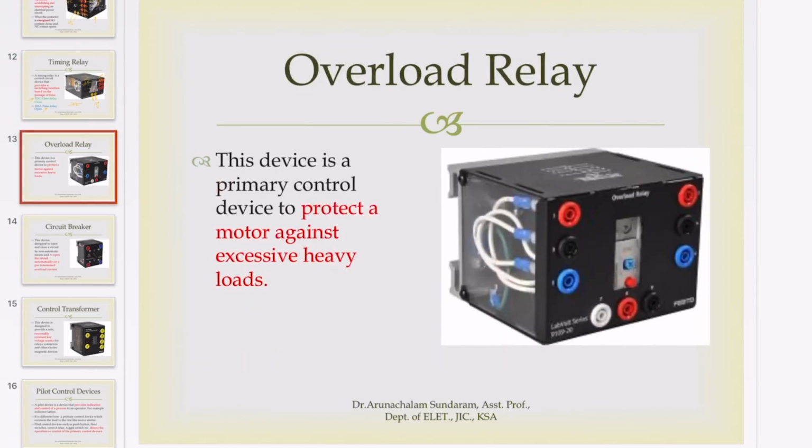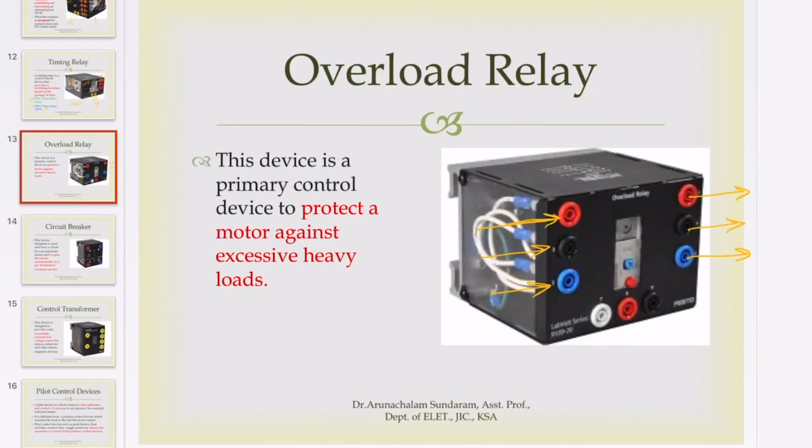Now for the overload relay. This device is a primary control device to protect the motor against excessive heavy loads. Here I connect the supply, and here I connect it to the load.